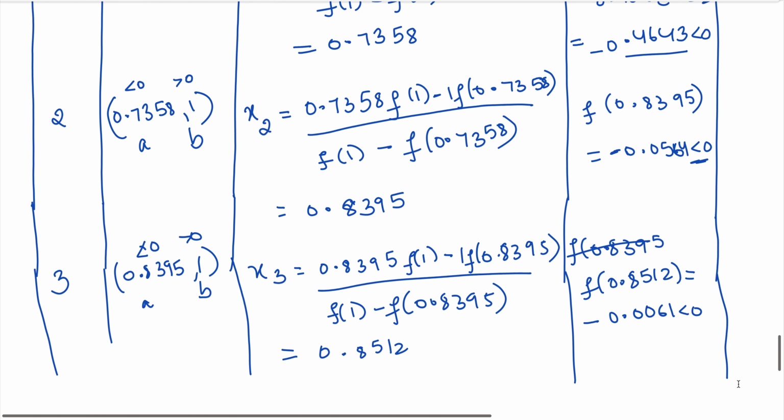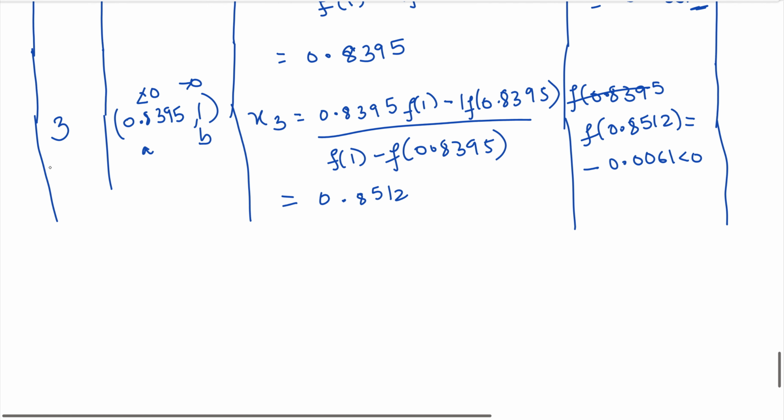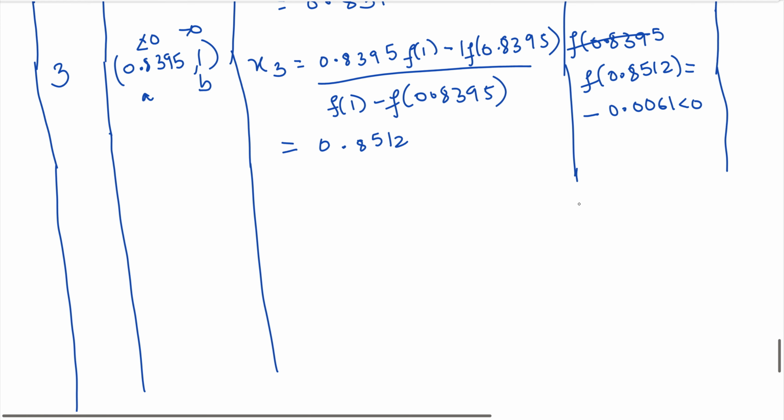So now what will we be doing? We will be replacing whatever was giving us less than 0 in the previous interval, right? I think I'm someone who can't draw the lines properly. So yeah, so this was f of 0.8512. Our new x value is giving us less than 0, right?